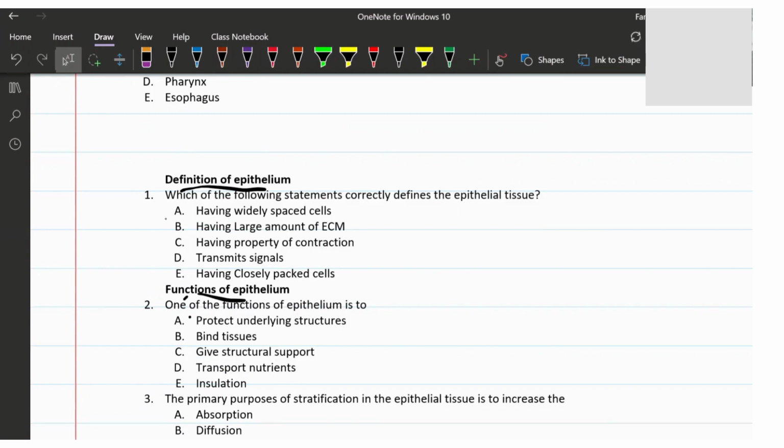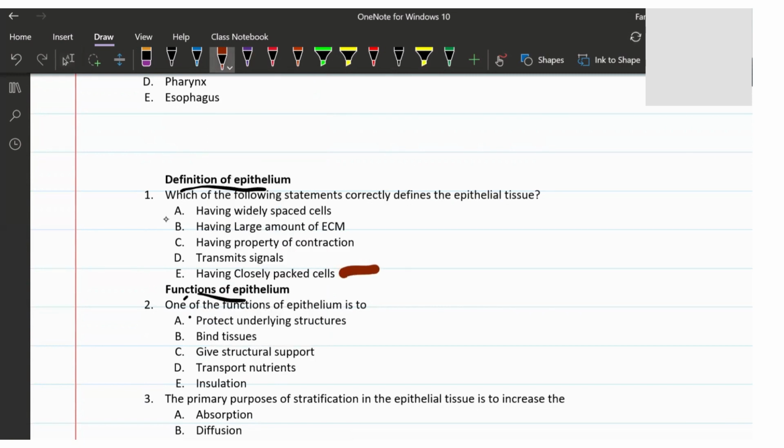Now, the first option is having widely spaced cells, having large amount of extracellular matrix, having property of contraction, transmits signals, having closely packed cells. So according to the definition of the epithelial tissue, option E is correct.